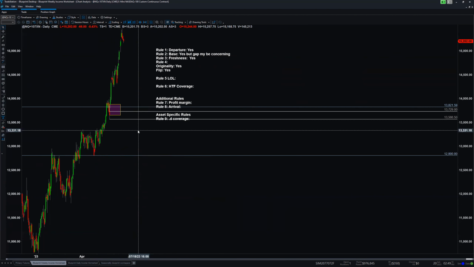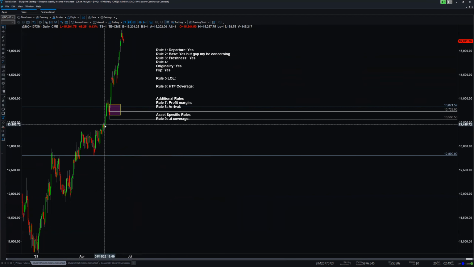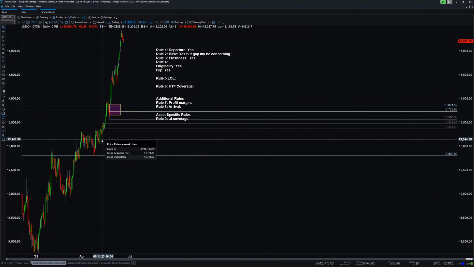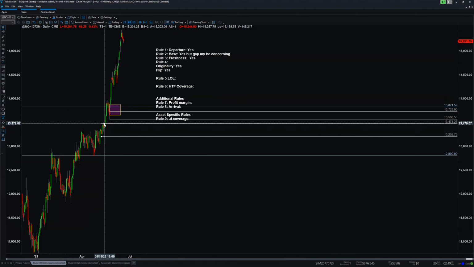Well, everything that looks like a level is a level. So here, I'm just going to eyeball what I believe is going to be that level. So I have a rally, base, rally. So I believe that to be the base.